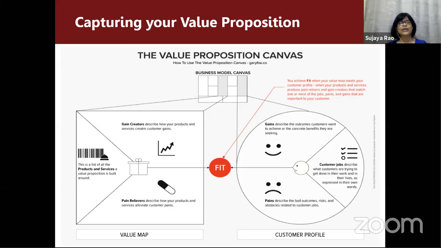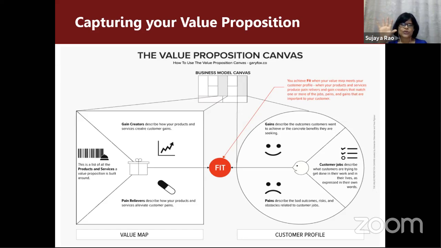So you actually have to get data on how many people are saying what you're saying. If people are talking about safety, how many people are talking about safety? If people are talking about location access, how many people are talking about it? So what they have done finally is you have to prioritize out of the 20 jobs that you have listed and say, I can afford to spend my money, effort, and time on building a product or service for the top 5 or the top 3 to launch my product.